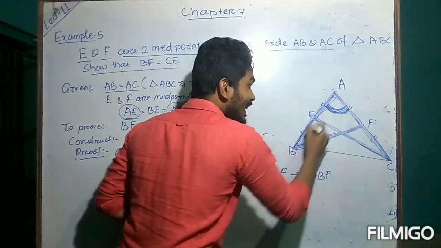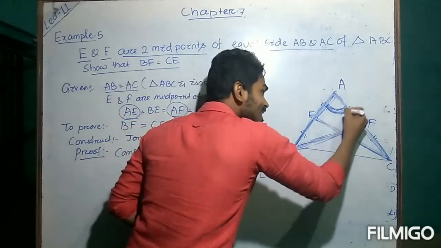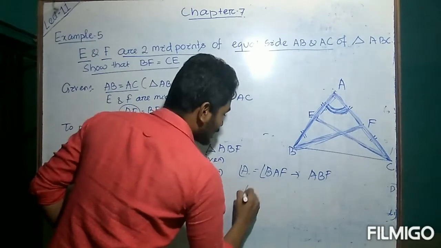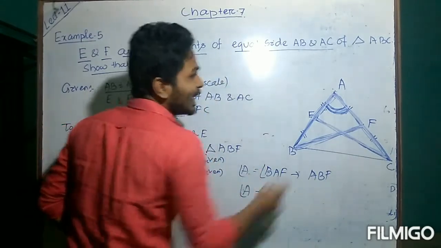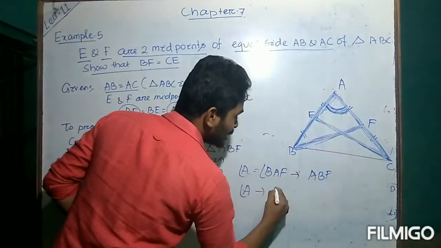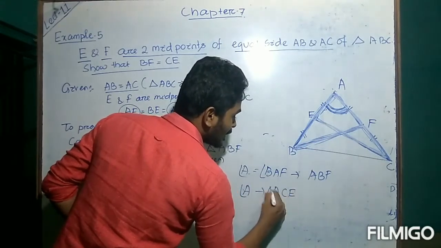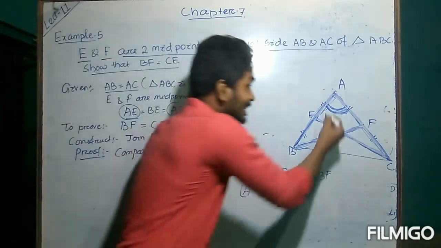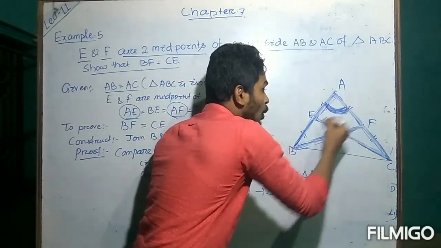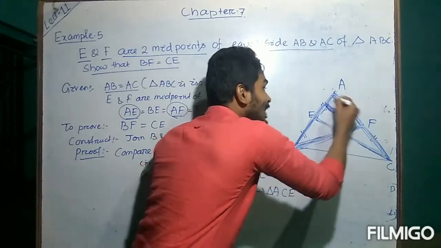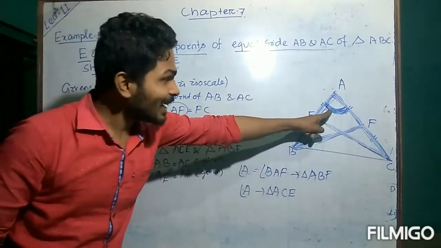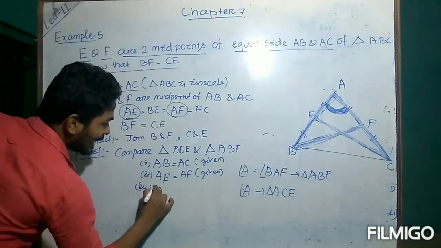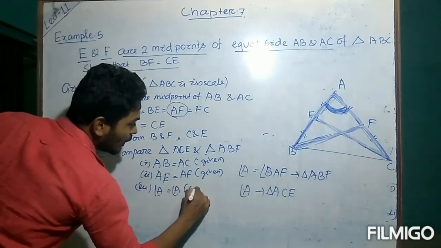So this is the angle of this triangle, and this is also the angle of this triangle. So angle A is also an angle of the triangle ACE. Understood? So what do we get here? This portion is the common angle to this triangle and to this triangle. The angle A is common to both the triangles. So the third condition is angle A is equal to angle A, common angle.